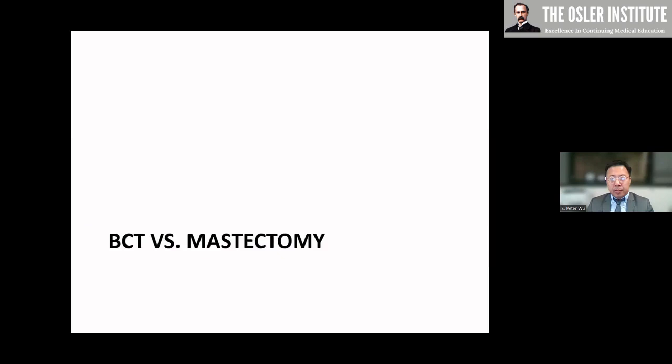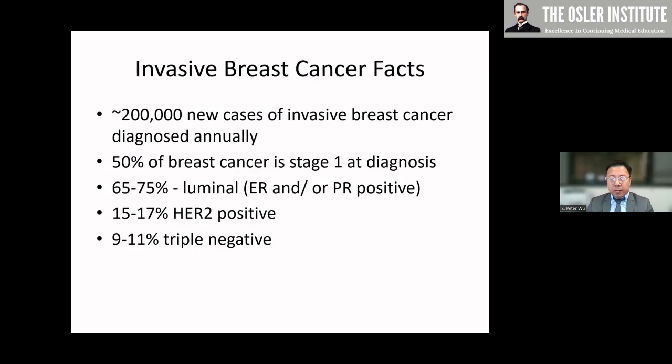Now, let's talk about breast cancer from a 10,000-foot field of view, seeing the forest for the trees. Every year, there's about 200,000 new cases of invasive breast cancer diagnosed in the United States. 50% of breast cancer is stage 1, early stage. Most breast cancer is luminal.